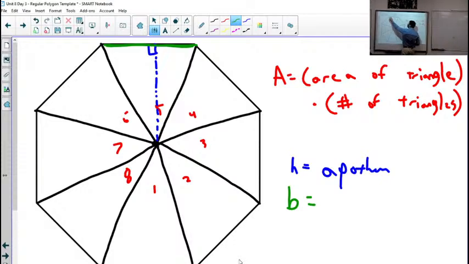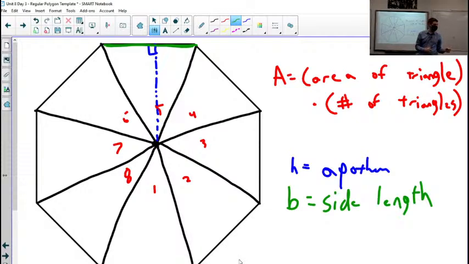Right? It is one of the sides of this octagon. And remember that since it's a regular octagon, all the sides are the same. So whatever my side length is becomes the base of my triangle. And you can go back to the pentagon and see that that happened with the pentagon too.